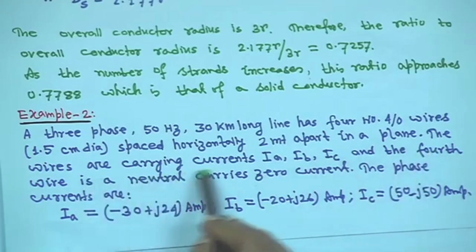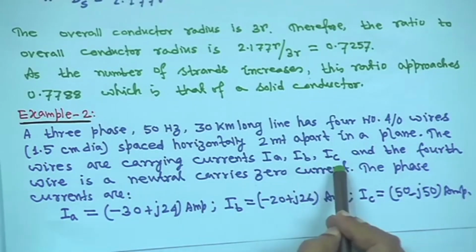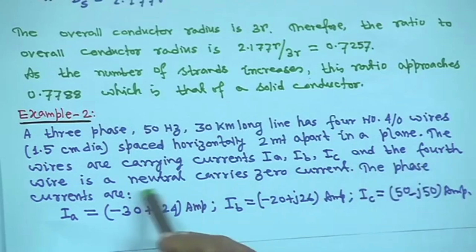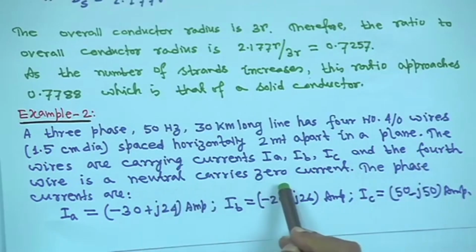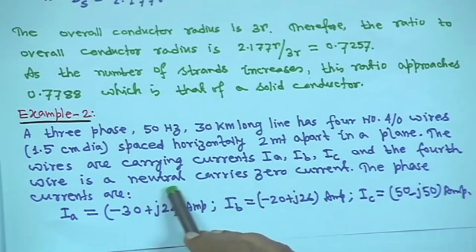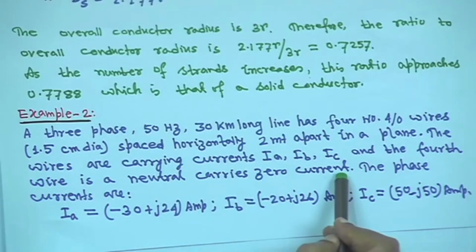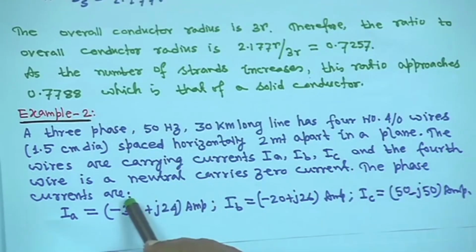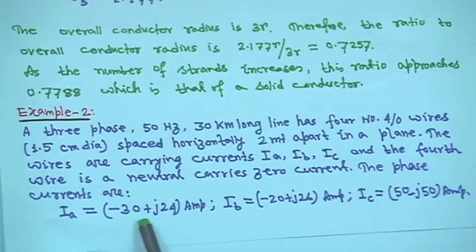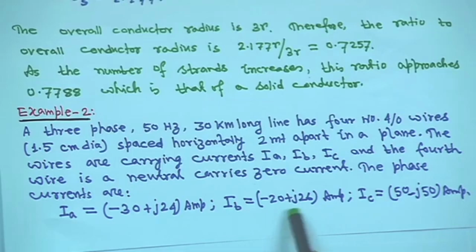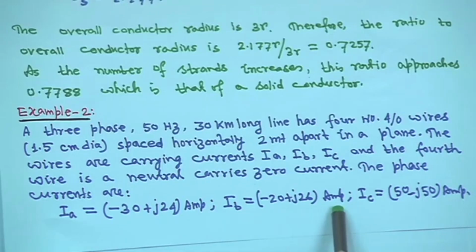The wires are carrying currents IA, IB, IC, and the fourth wire is a neutral, carries 0 current, right. The phase currents are IA is equal to minus 30 plus j24 ampere, IB is equal to minus 20 plus j26 ampere, IC is equal to 50 minus j50 ampere.